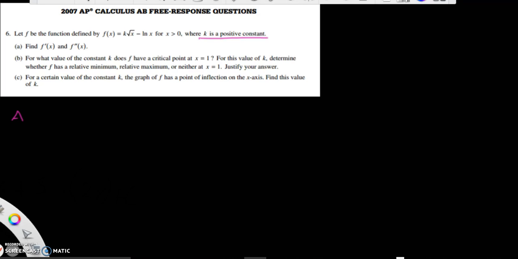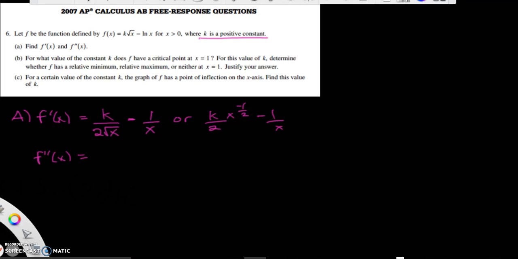Find f prime of x and f double prime of x. So part A. If we want to find f prime of x, we're just going to take the derivative. So the derivative of this would be k over 2 root x times 1, because the derivative of x is 1, minus 1 over x. Then f double prime of x is going to equal, okay, this is going to be a little bit trickier, or we could say k over 2 x to the negative 1/2 minus 1 over x.